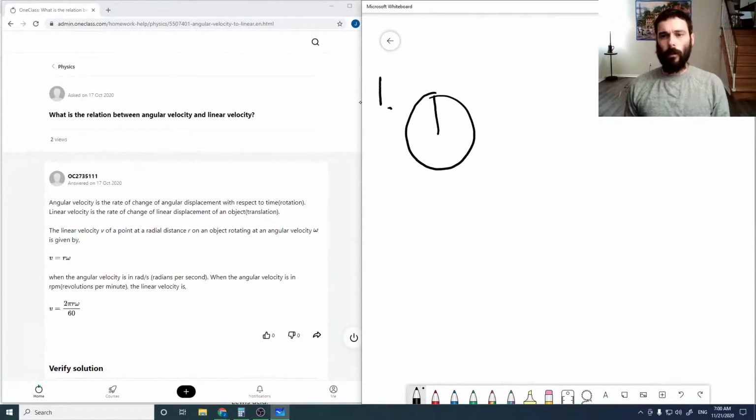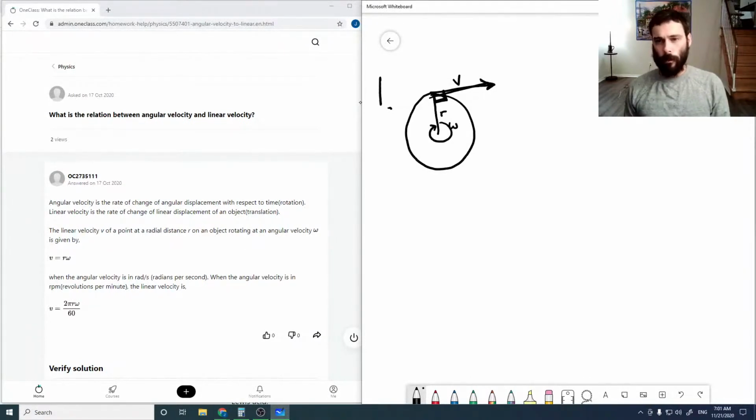We have some radius for the circle, and the linear velocity is perpendicular to this radial line, whereas the angular velocity would also be perpendicular, but it runs around the circle.